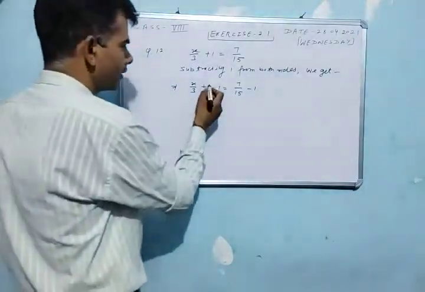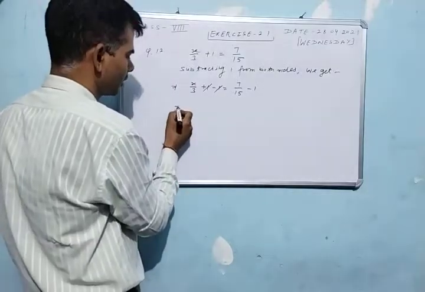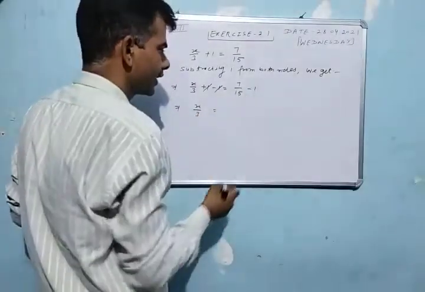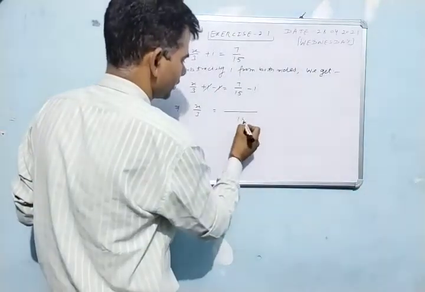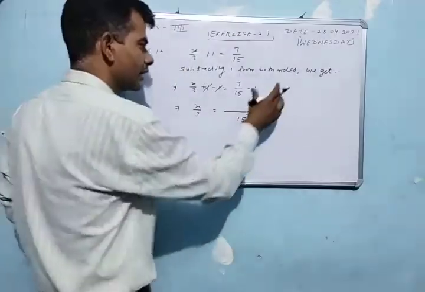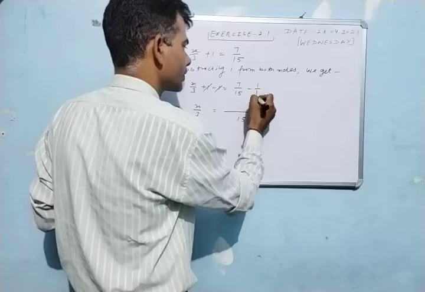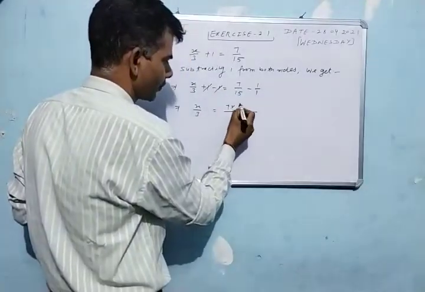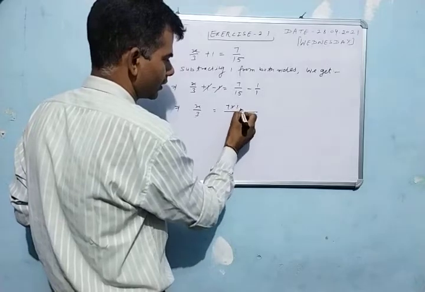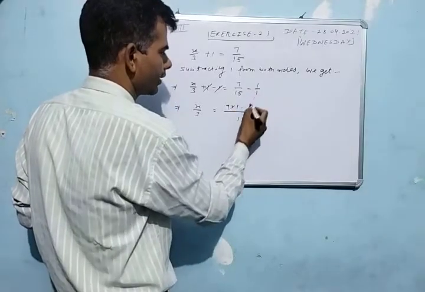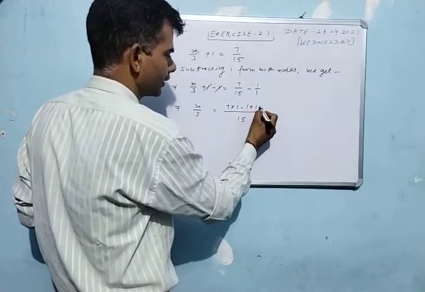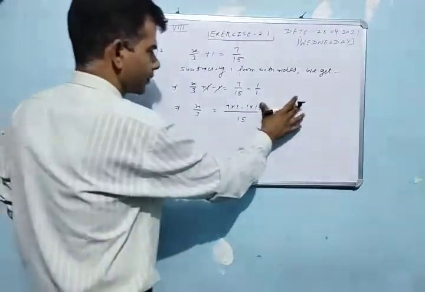Now students, 1 and 1 cancel out. What is left is x/3. Now to solve it, we take the LCM, that is 15. And 1 can be written as 1/1, no problem. Now 7 as it is, 15 ones are 15.